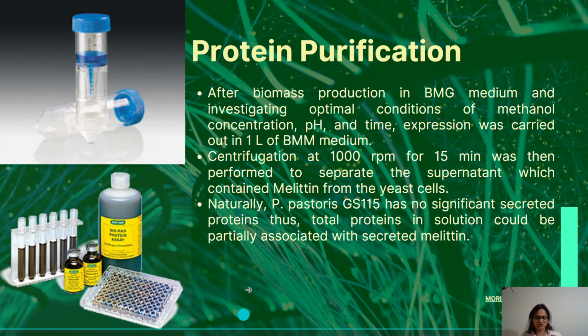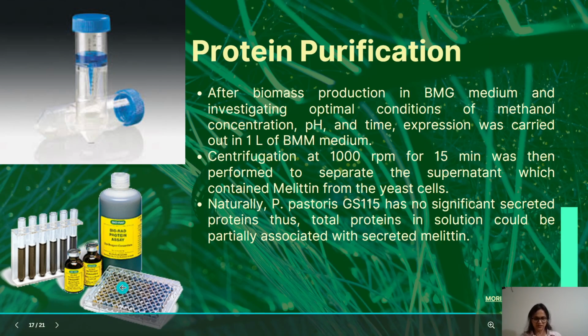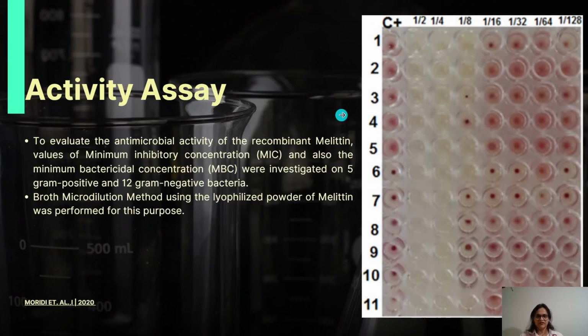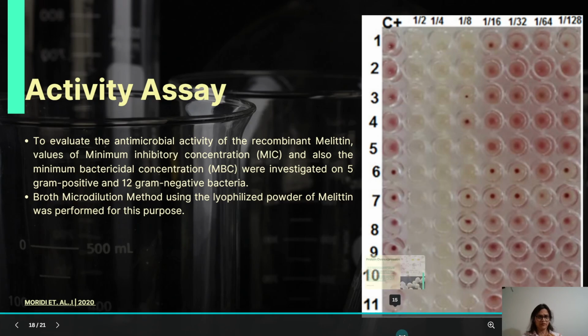To determine the solution concentration, Bradford assay was performed, and the solution was then lyophilized for storage. These lyophilized samples can then be used for the activity assay to evaluate the antimicrobial activity of the recombinant melittin. Values of minimum inhibitory concentration and also the minimal bactericidal concentration were investigated on 5 gram positive and 12 gram negative bacteria.